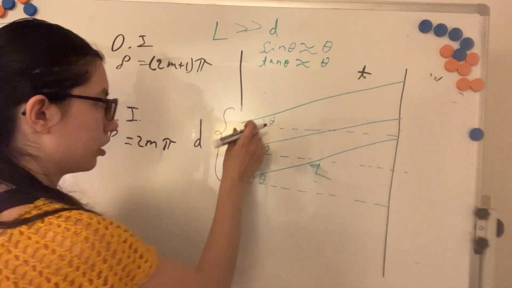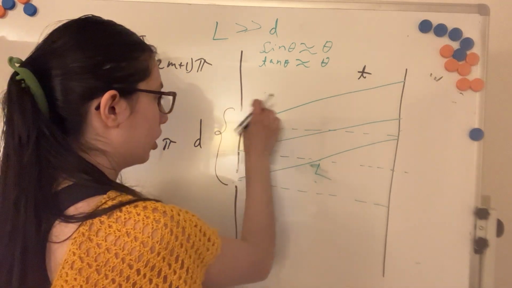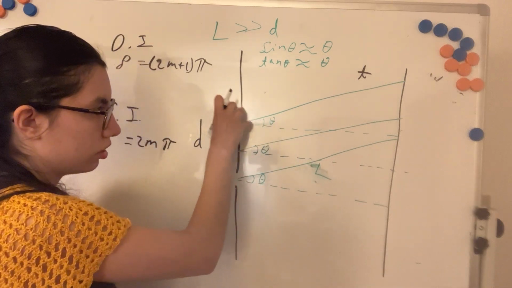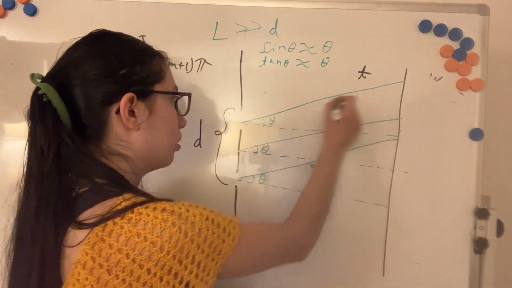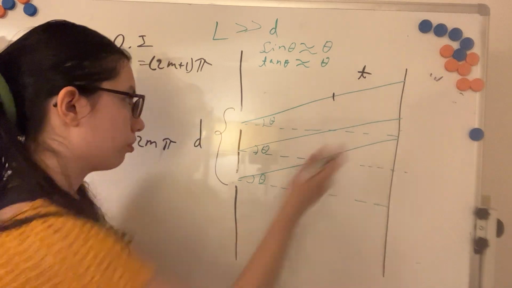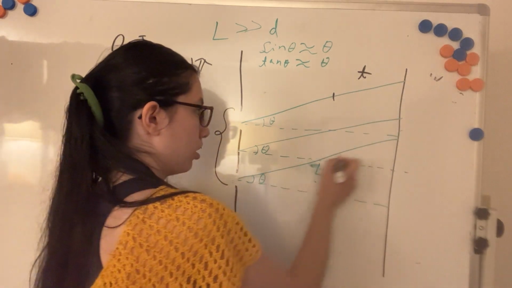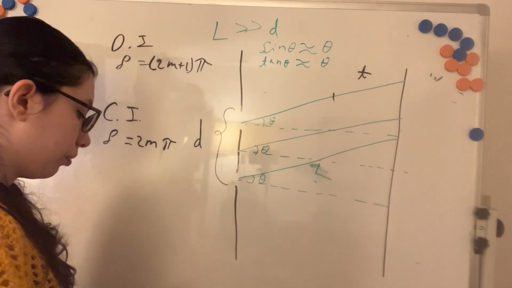For example, at some time, the wave here, from this source, traveled this distance, and the other wave traveled this distance at that time.